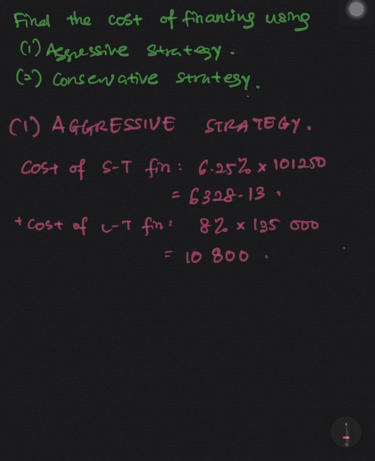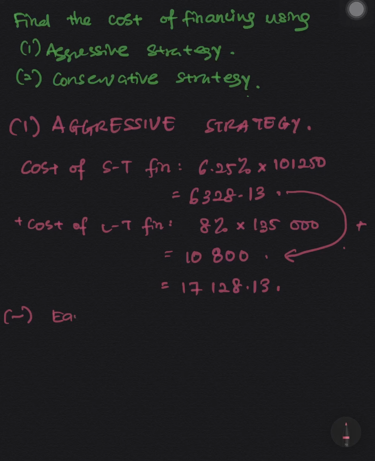So we add the two, and we get 17,128.13. And then we have to subtract the cost of any excess.